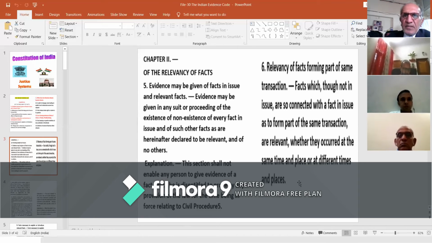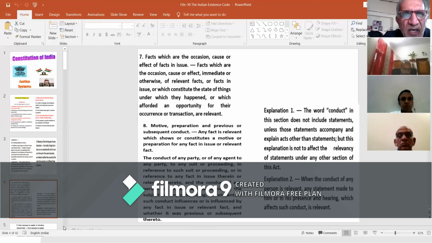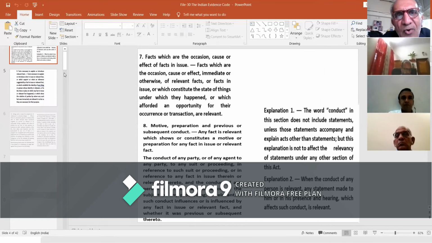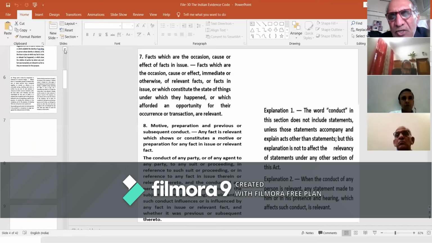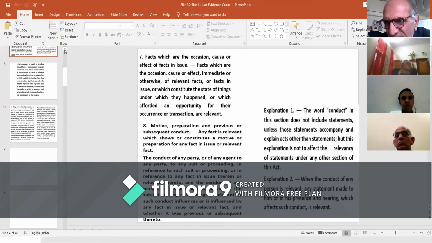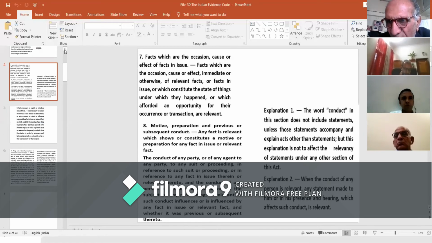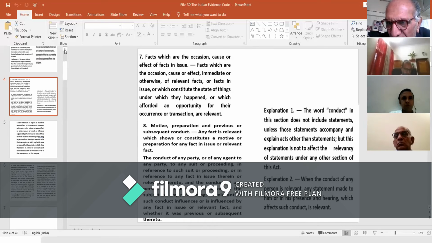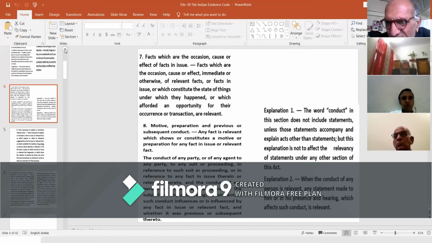Now see, Section 7. Section 7 provides facts which are the occasion, cause, or effect of the fact in issue. Section 6 is taking care of the connected facts which form the same transaction. However, Section 7 goes to a different premise, to a different zone, a different category of situations.